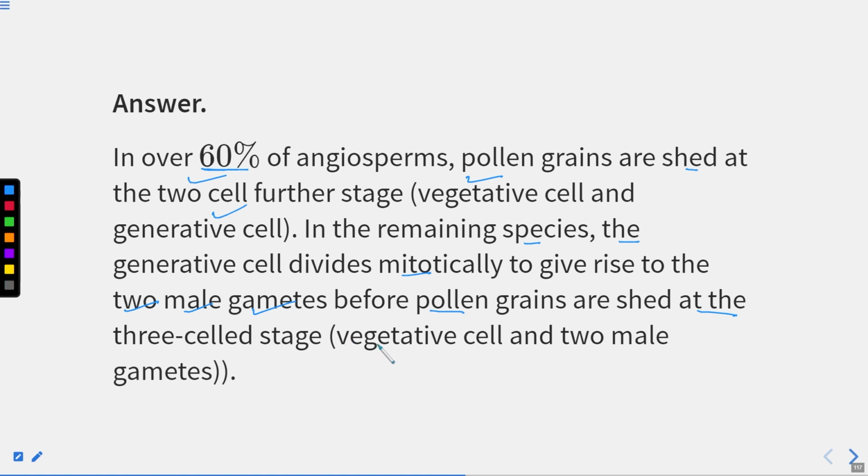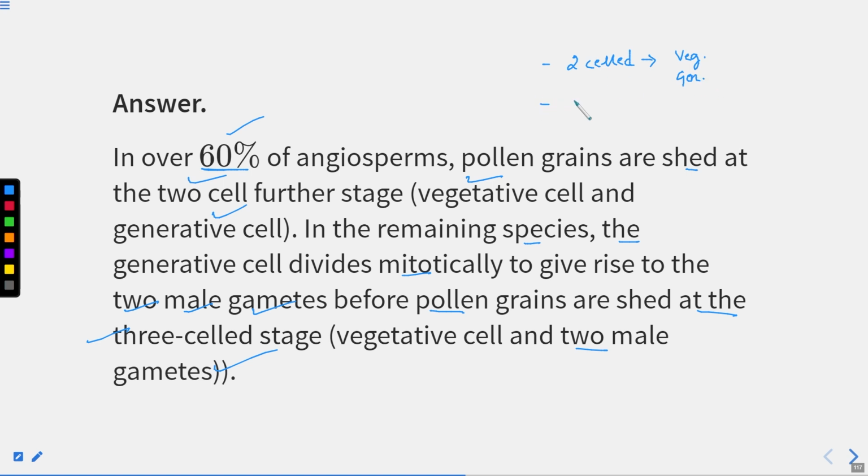So what are the 3 cells present at the 3-cell stage? First is the vegetative cell. Then we have the 2 male gametes. If we talk about the 2-cell stage, pollen can be released at 2-cell stage. So in over 60% of angiosperms, the pollen grains are shed at 2-cell stage and they consist of vegetative cell and another one is the generative cell.